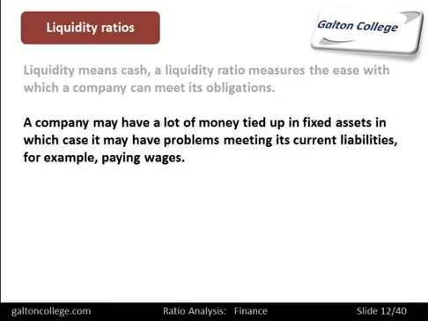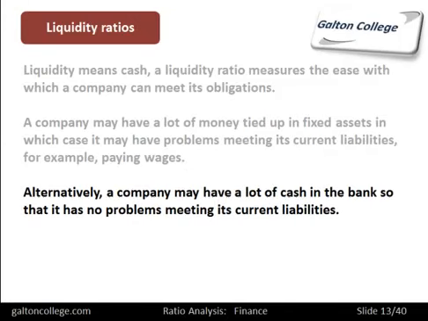So if the company has a lot of property, for example, that may be not so good when it comes to paying wages or salaries at the end of the month. It needs to have liquidity. Alternatively, a company may have a lot of cash in the bank, so that it has no problems in meeting current liabilities.